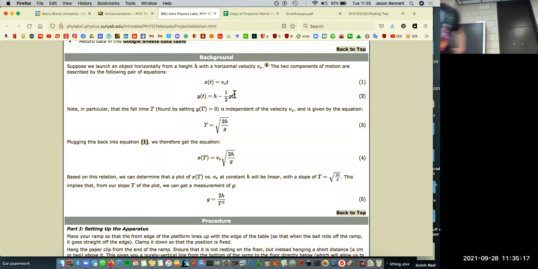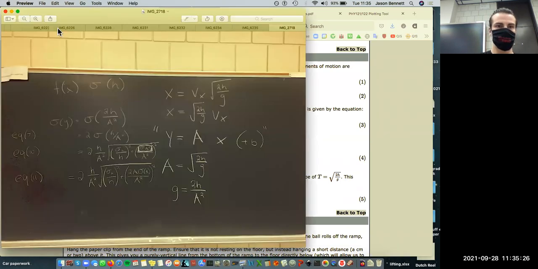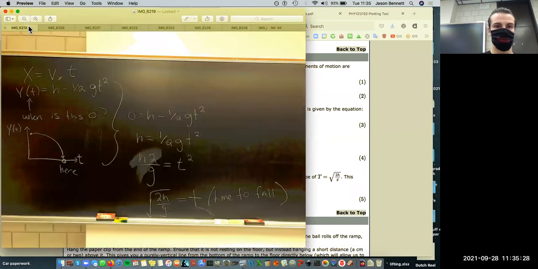So what we're going to do is take one of the limiting cases, which is as soon as the ball hits the ground, and we're going to plug it into this equation. And what that's going to do is we're going to look at the whole time that the process takes. So for instance, from the top of the desk to the bottom of the desk happens when y is equal to 0. And so we plug in 0 to the left-hand side of this equation. We have the height here, the 1/2 gt squared.